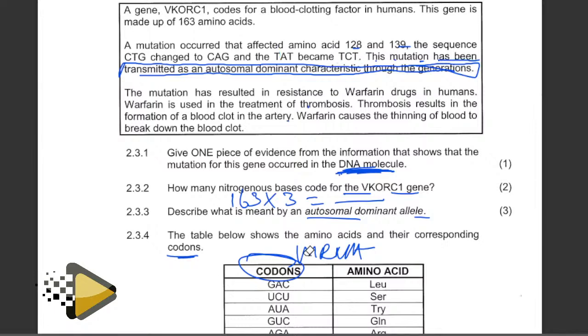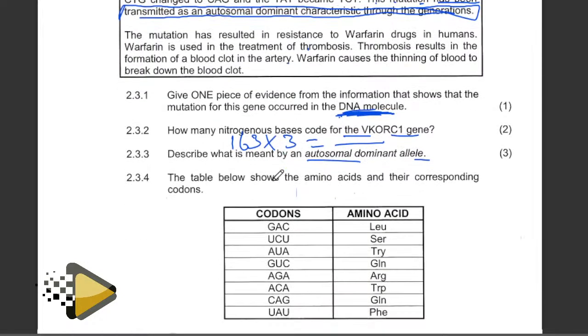Okay, now the first step to score those 5 marks, you had to tell us what we started with and what we ended with. So we started with G, T, G, which changed to C, A, G. You understand?